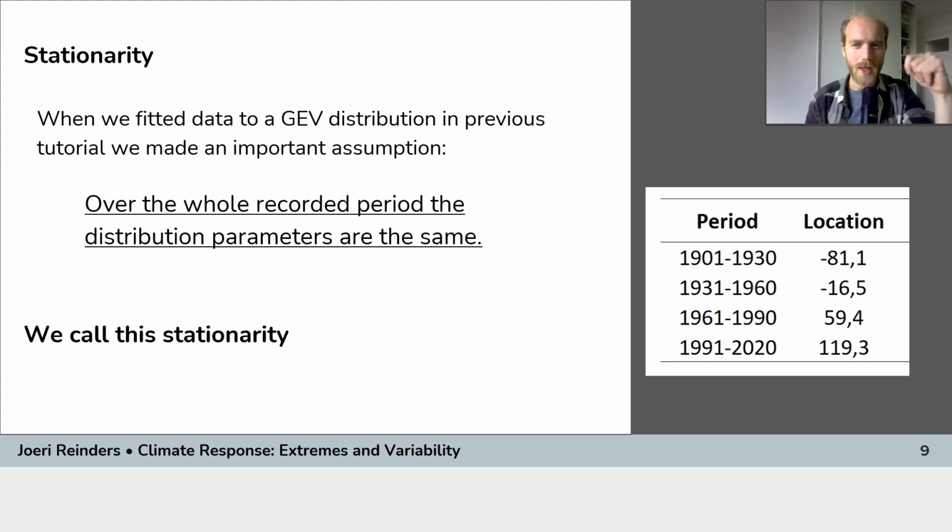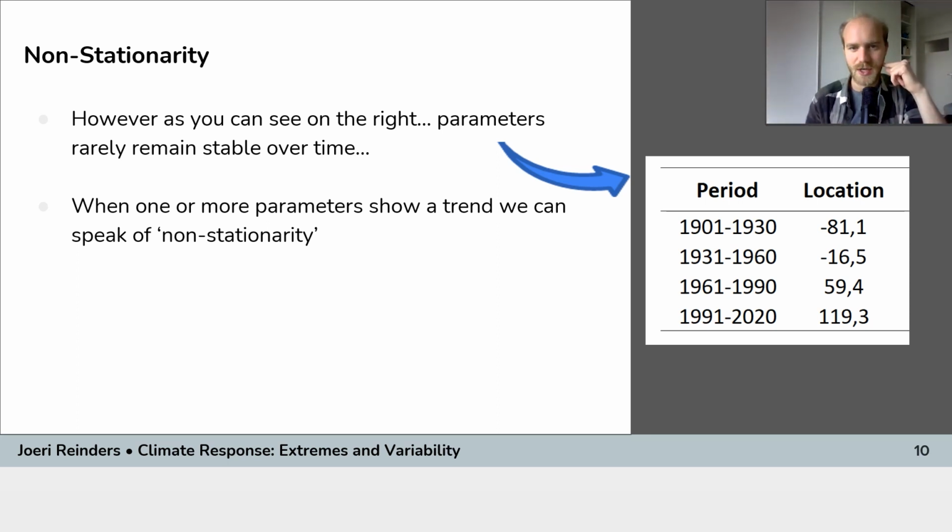It's very unlikely that this data came from the same distribution throughout the whole period. And this is what we call non-stationarity. And any of the parameters of our distribution, in our case in GEV with 3 parameters, but perhaps there are 4 parameter or even more parameter models that you have, we call this non-stationarity. And it's something that we have to take into account.